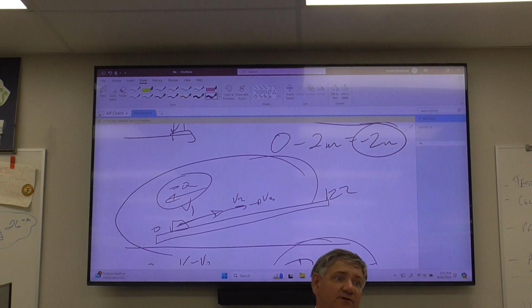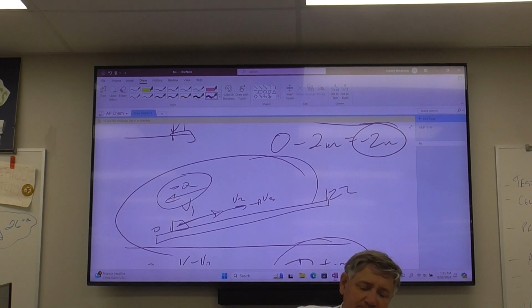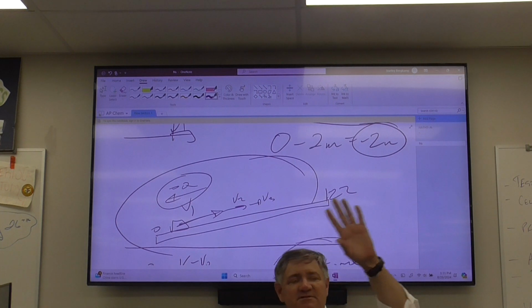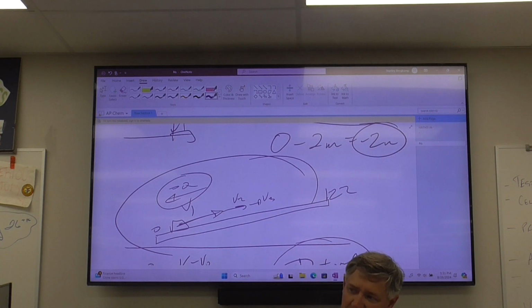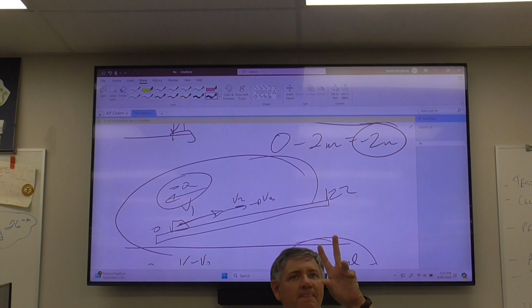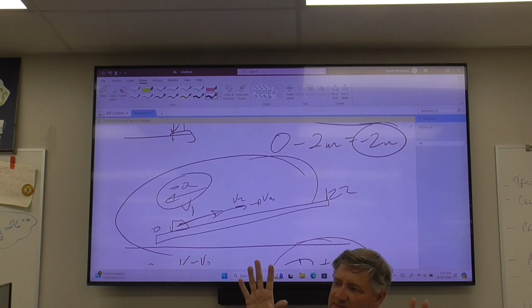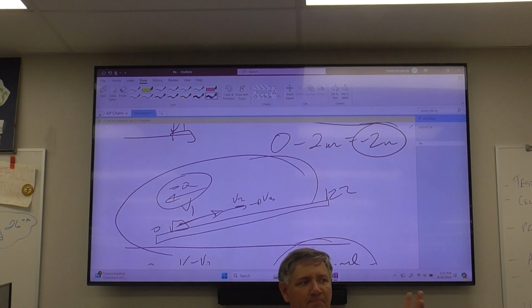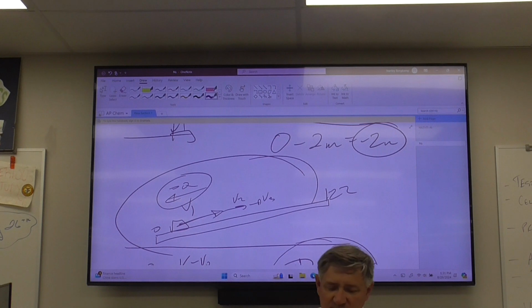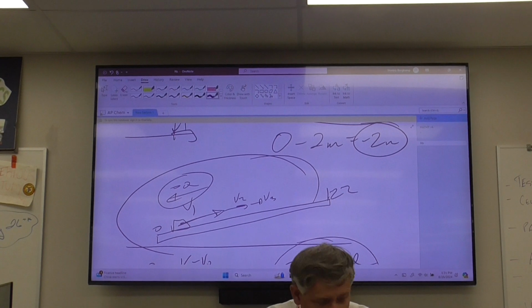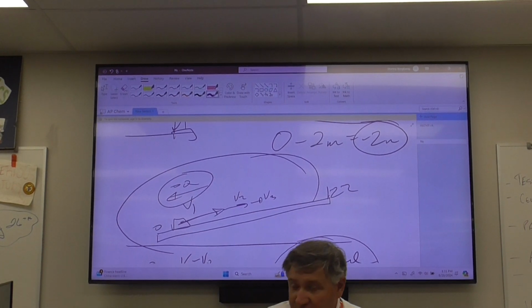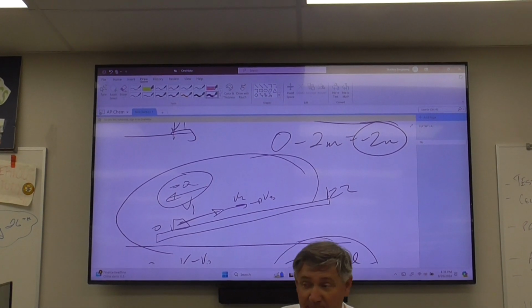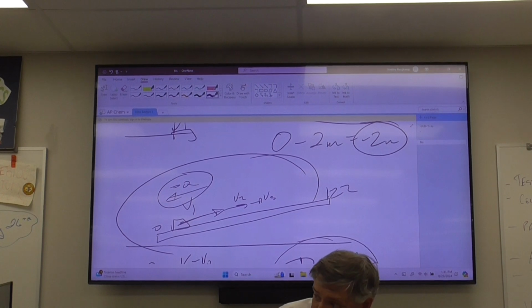It says we have negative acceleration on the way up. Now, negative acceleration on the way up is not the problem. The acceleration on the way down is the problem. Because I've discovered over the years that you all have a bias towards associating negative acceleration with slowing down and positive acceleration with speeding up. You carry this bias, and the purpose of this lab is to smash that bias.